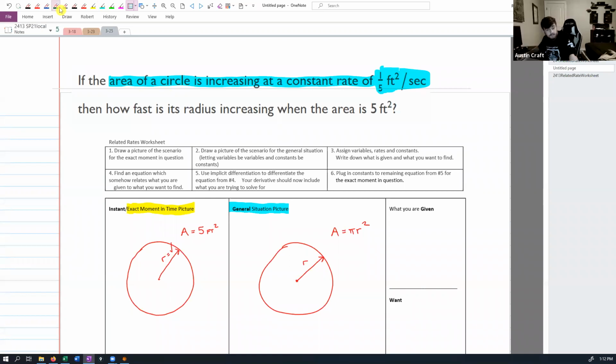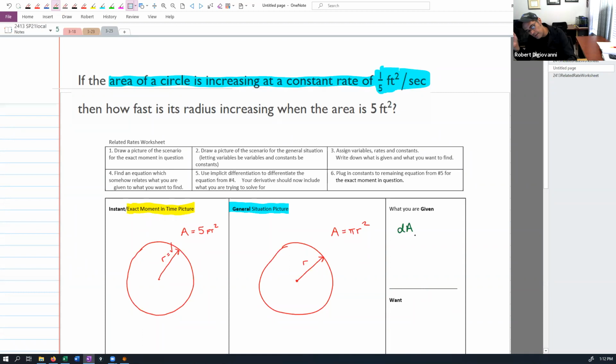The area. So I'm going to write dA/dt, the rate of change of area with respect to time t. So t here is our time variable. This is 1/5 square feet every second. That's given to us.